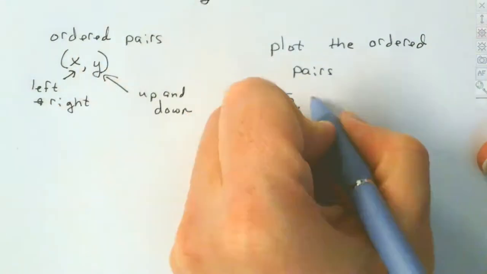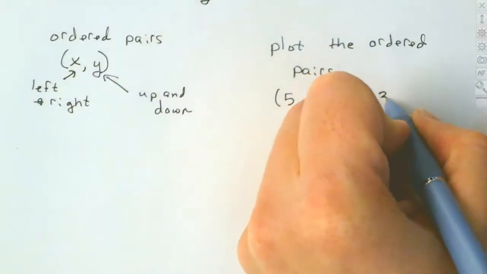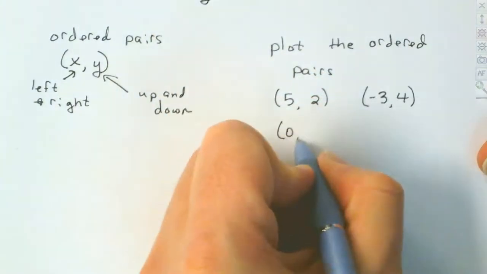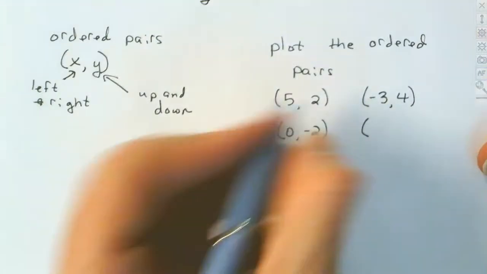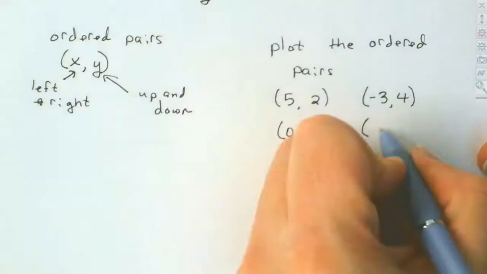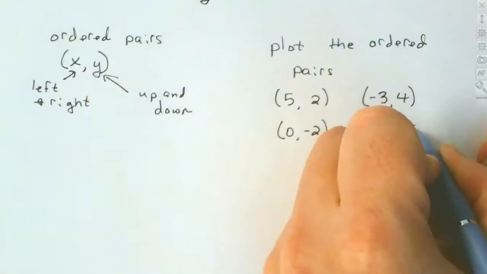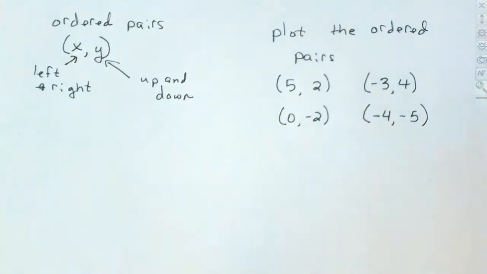How about 5, 2? How about minus 3, 4? How about 0, negative 2? And one more, how about negative 4, negative 5? So I want us to plot these ordered pairs.